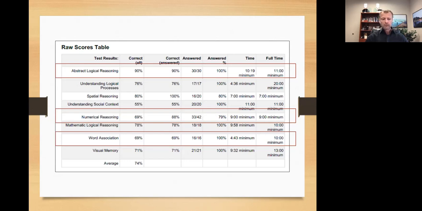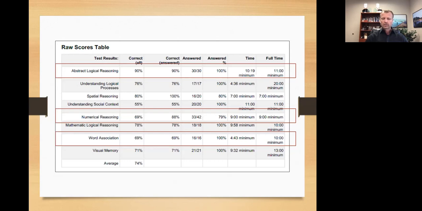Now, if I go down a few below that to numerical reasoning, here the person again took the full 9 minutes. They were not able to answer all of the 42 questions that were asked. They were only able to answer 33 of those, which correlates to a 79% completion rate.